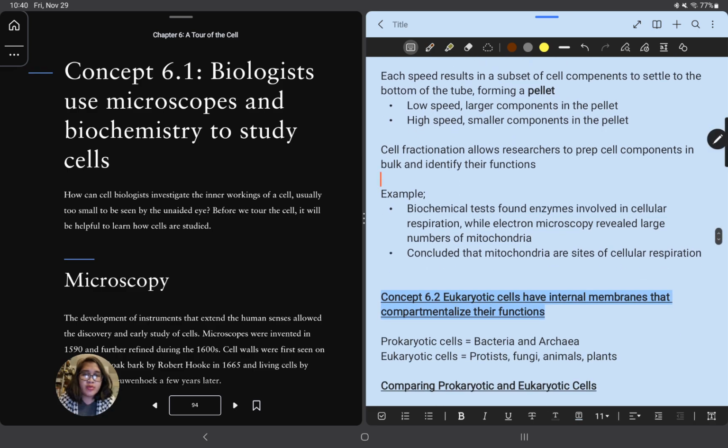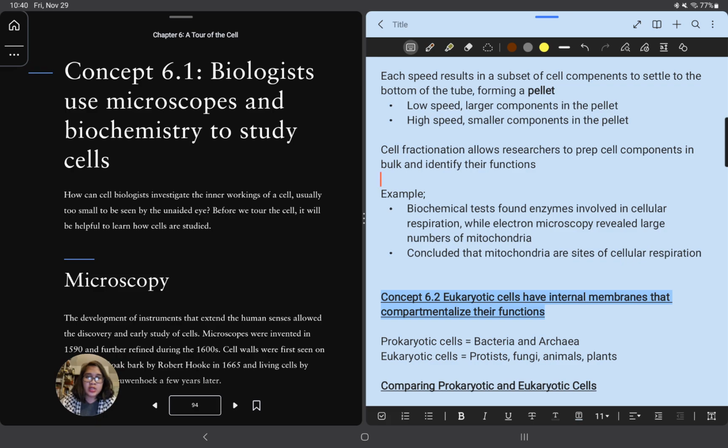Each speed causes a subset of cell components to settle to the bottom of the tube, forming a pellet. Low speed equals larger components in the pellet. High speed results in smaller components in the pellet.